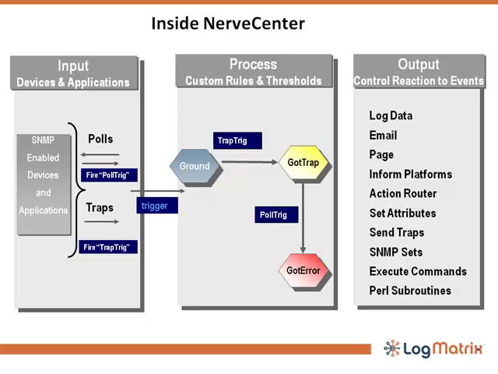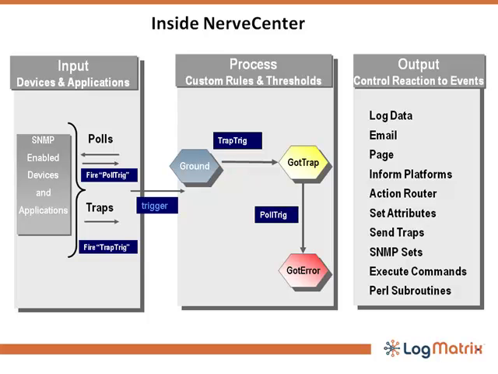On each of the transitions, the transition from ground to got trap or the transition from got trap to got error, we can take actions. And in that transition, we create a list of the actions that we want to take place for that transition.